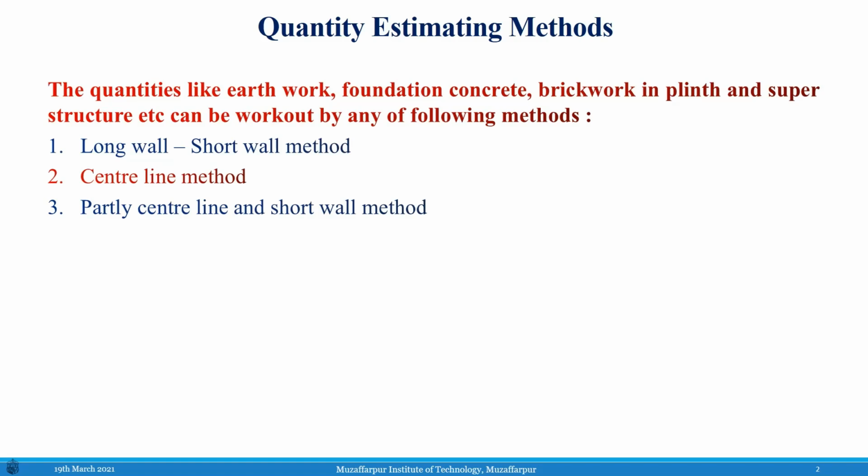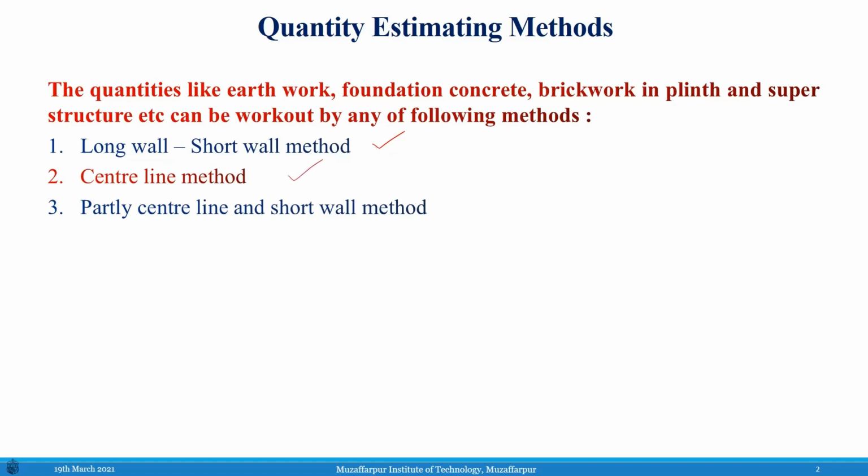For estimating the quantities of different components like earthwork, foundation, concrete, brickwork, plinth work, and then superstructure, we have three methods. First, the long wall short wall method. Another is the center line method.